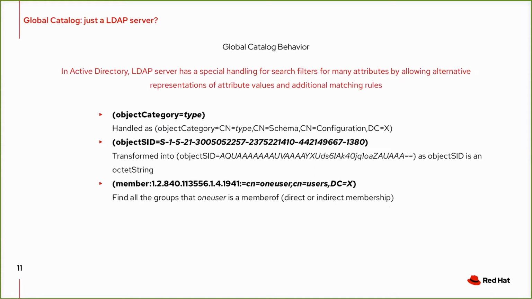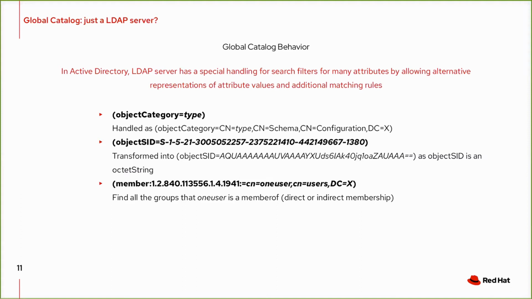The last big difference is the Global Catalog behavior. It's really specific to Active Directory. Active Directory is able to have a special handling for some search filters. For instance, a search filter using the object category attribute will be manipulated and handled differently.